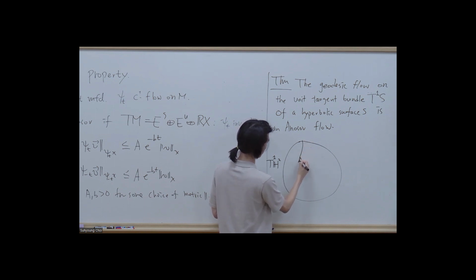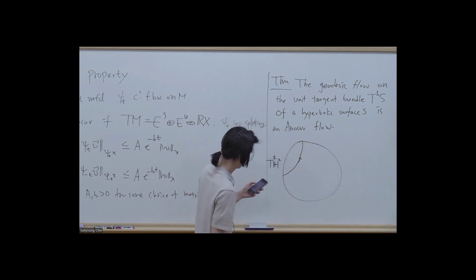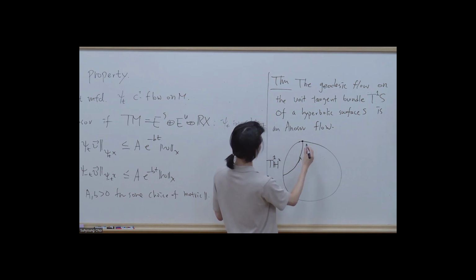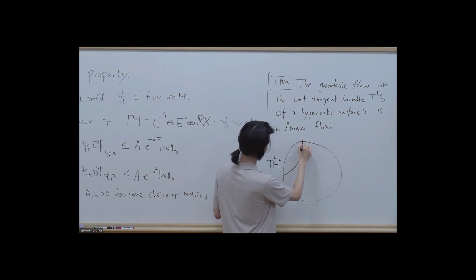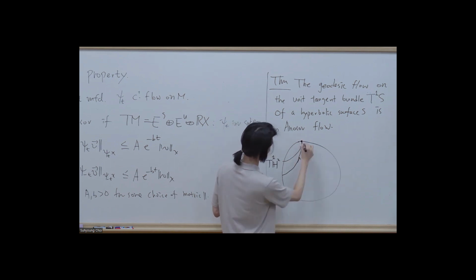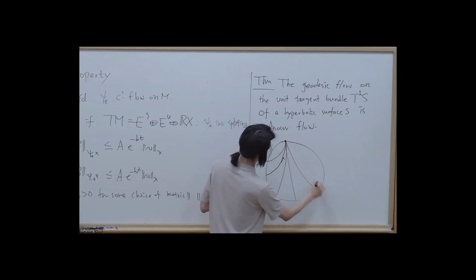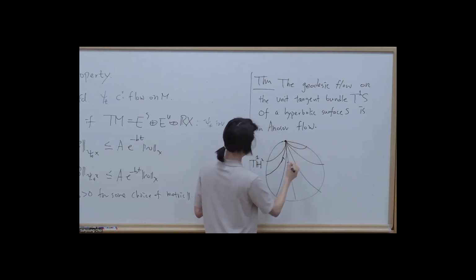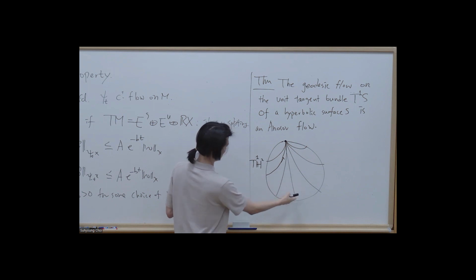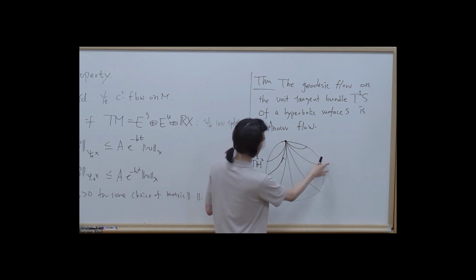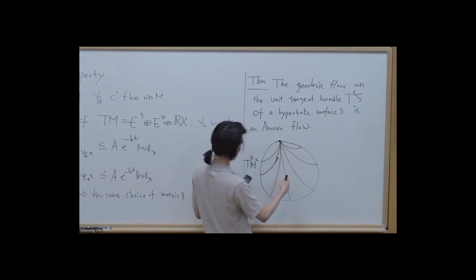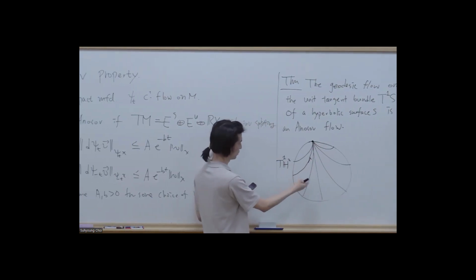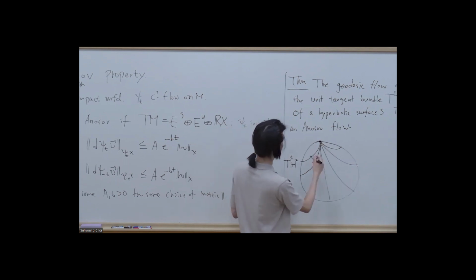So if we draw carefully, there will be something like this. And we have a point here. Let's collect all the geodesic lines that are asymptotic to this particular point. That should be something like this. I'm quite poor at drawing, so imagine this. They're supposed to be perpendicular. So this is the geodesic flow line on the unit tangent bundle of H2.